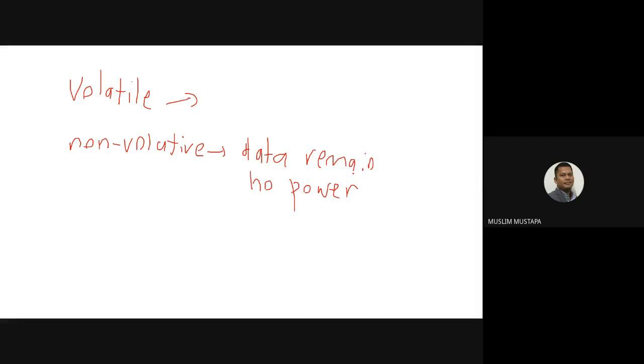To make this more interesting, there are basically two types of memory, volatile and non-volatile. Volatile is like your RAM. What is RAM? RAM is a temporary place where you store your file to do the processing.